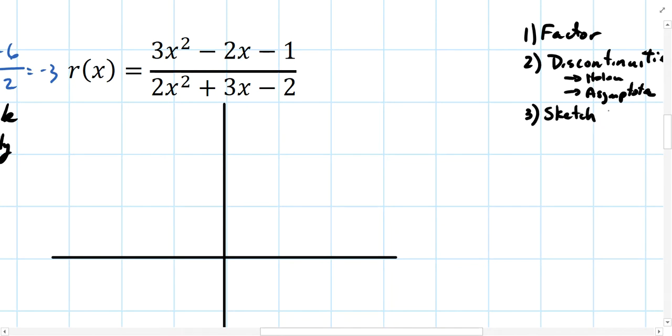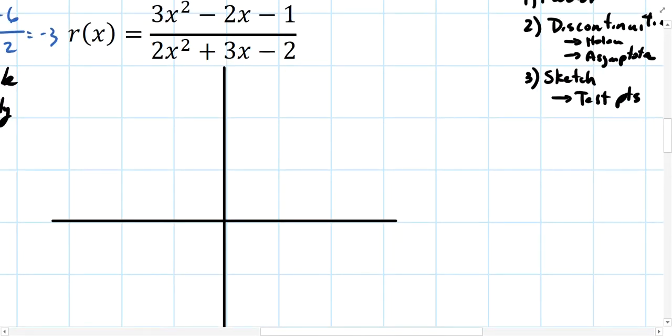And if I can't sketch a graph by considering the holes and the asymptotes, what might be helpful is if I use some test points. We haven't done that yet, but if there's a need to do so, I think using test points to identify the behavior of these branches might be helpful. So here we go. Let's start with the factoring.